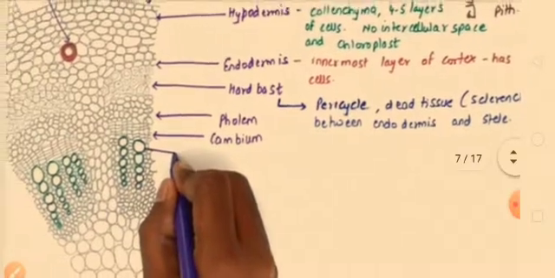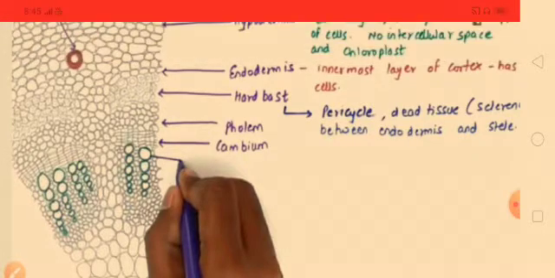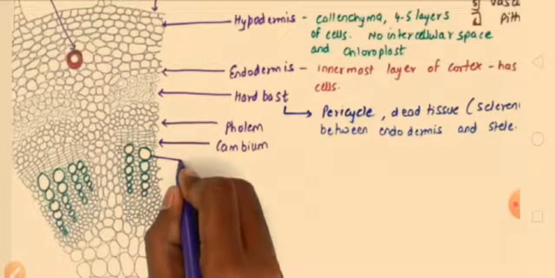Next, after the pericycle you have phloem cells. The main function of the phloem cells is to transport food. Then you have cambium cells, which separate the phloem and the xylem vessels. Here the vascular bundle is of open type.